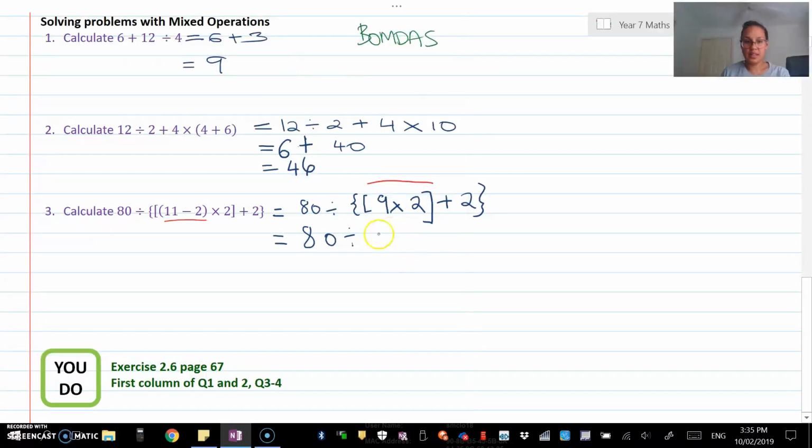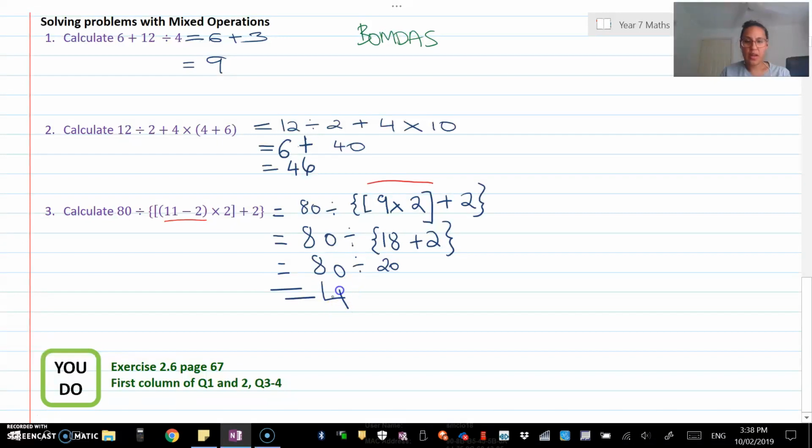And that gives us 9 times 2, which is 18, plus 2, funny bracket. Now we're going to deal with those squiggly brackets. 18 plus 2 gives us 20. Okay, and now 80 divided by 20 gives us 4.